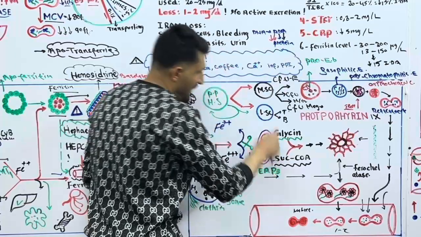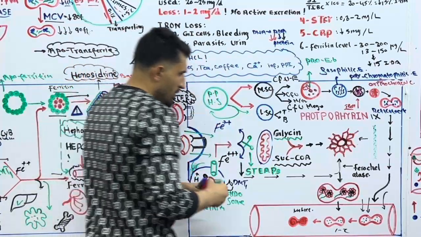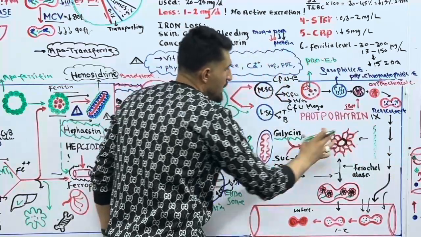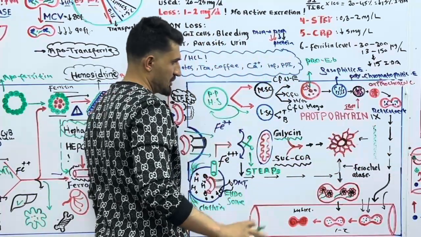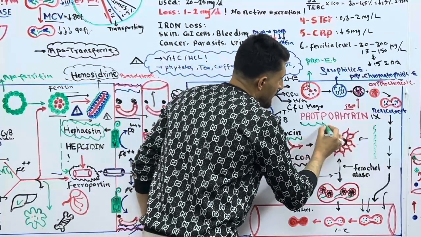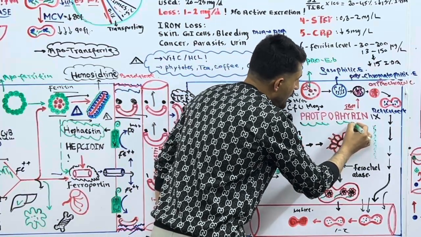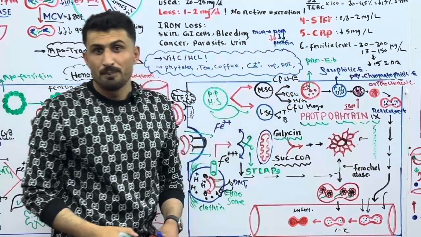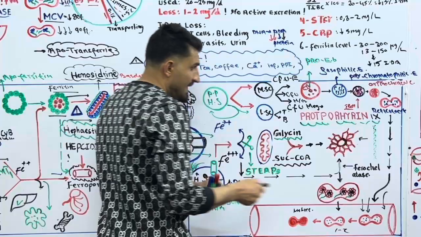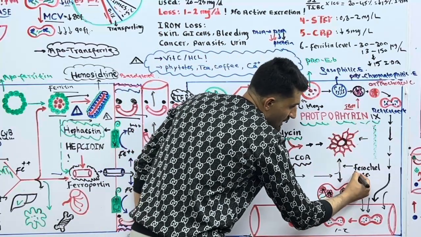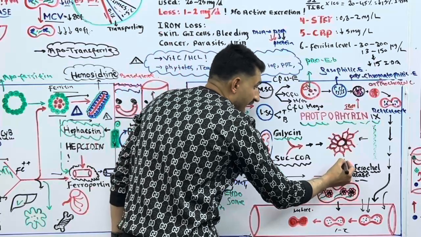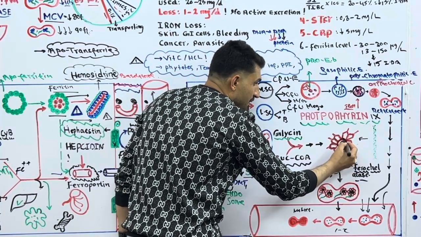Succinyl CoA plus glycine, after many steps, they are going to make a molecule which is called protoporphyrin 9. Now, here an enzyme will come which is called ferrochelatase, and this ferrochelatase adds iron, Fe2+.